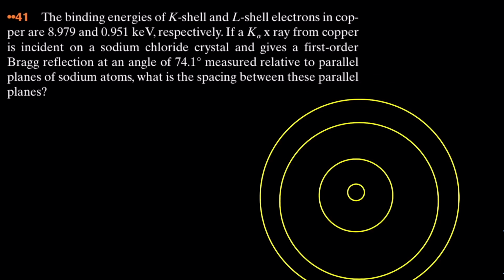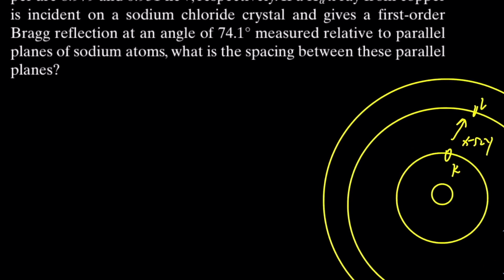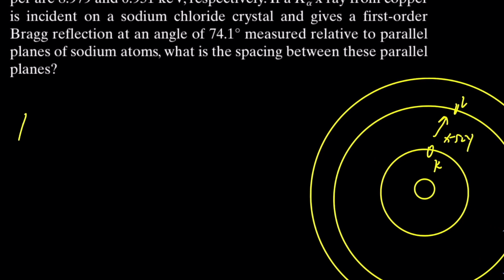So one way to approach this problem is to acknowledge that when electrons go from an L shell to a K shell, an X-ray is produced. So let's say this is K and this is L. That creates an X-ray, and the energy of the X-ray is equal to the difference in energy between the energies of L and K. So mathematically it should look like this.